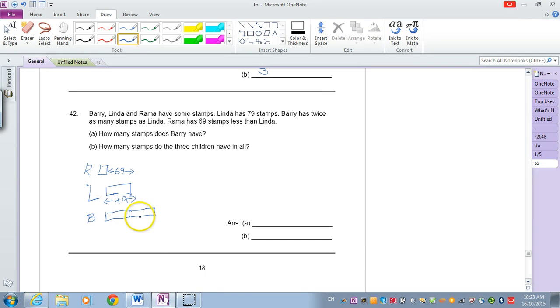So we know that Barry has twice, 2 units, when Linda has 1, and 1 unit is 79. So what should we do? We should use 79 to multiply by 2. So 79 times 2.